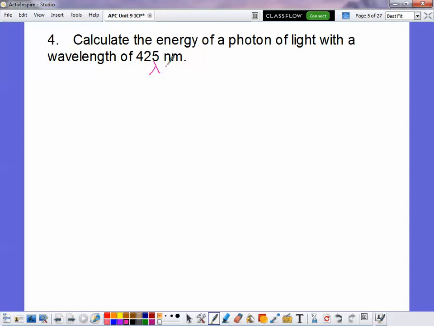And energy is E. Have we used a formula that has energy and lambda in it together? No. We have E equals h nu, which is what we just used the last couple problems. And then we have c equals lambda nu. We don't have anything with E and lambda.